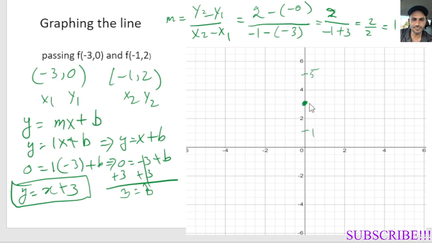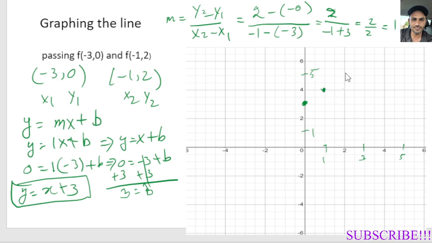So if we go 1 unit, this is 1, this is 3, 4, this is 5. So we start from here, we go 1 unit to the right, 1 unit up, because the slope is 1. So rise over run is 1. That means if we move 1 unit to the right, the graph is going to also move 1 unit up because the slope is 1.